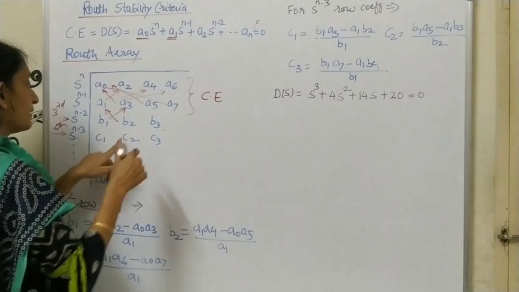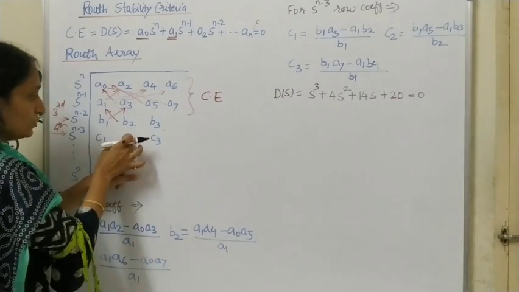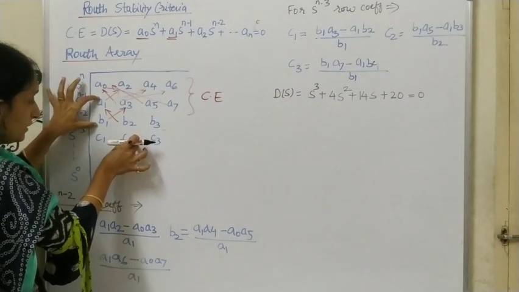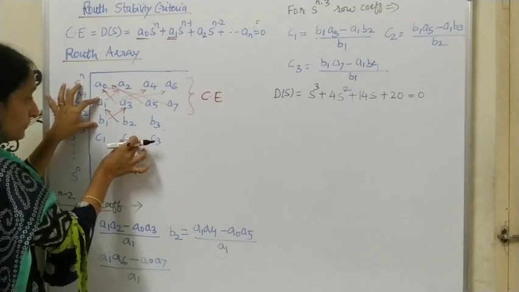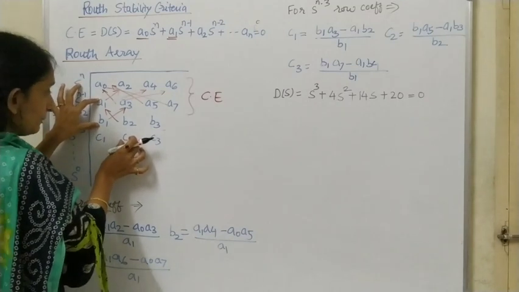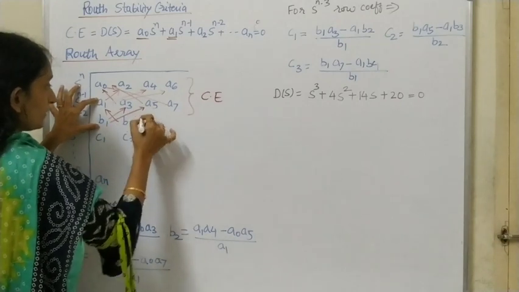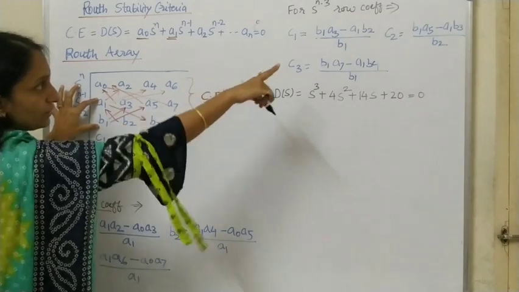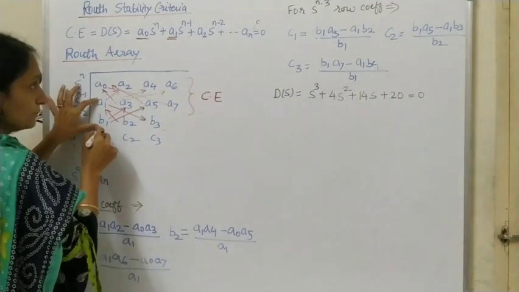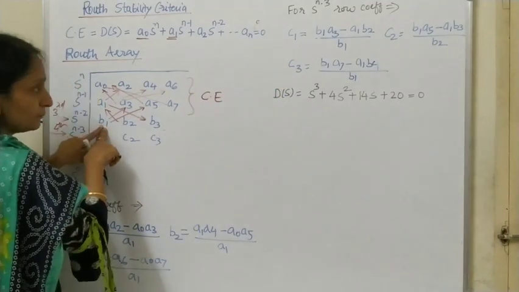Now we come to C2. For C2 again the first column is the same. So B1 A5 minus A1 B3 upon B1.